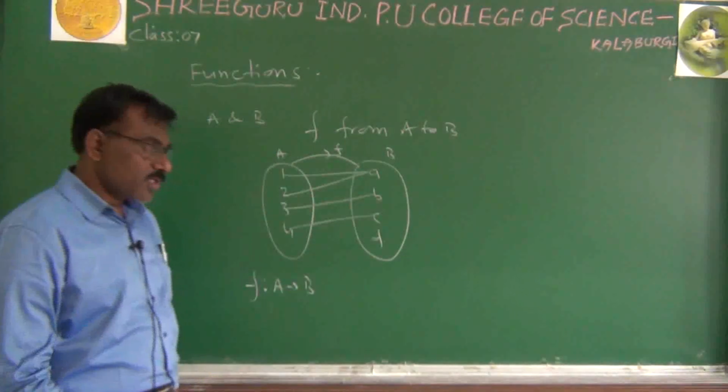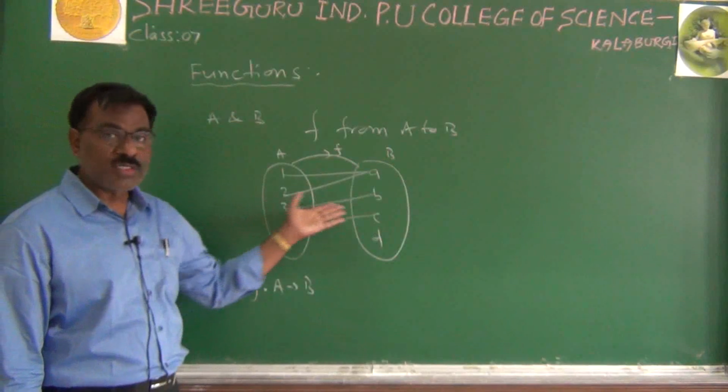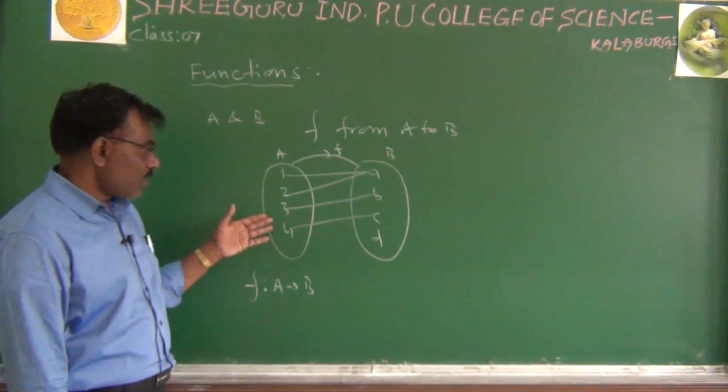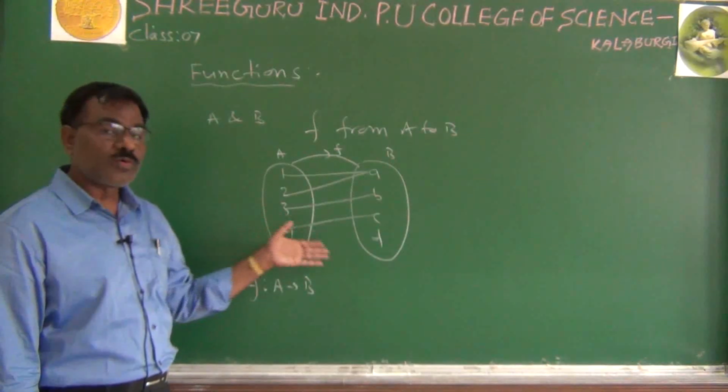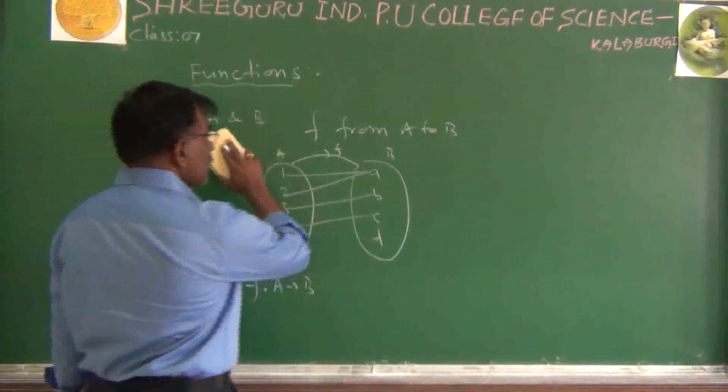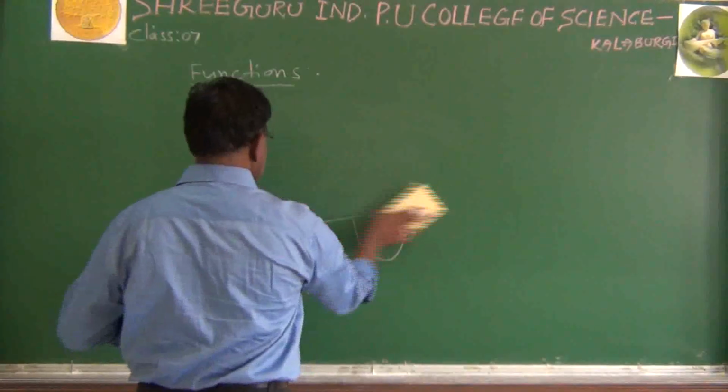All the elements of set A are associated to elements in the set B, and each element of set A is associated to a unique element in set B. So this is the function.